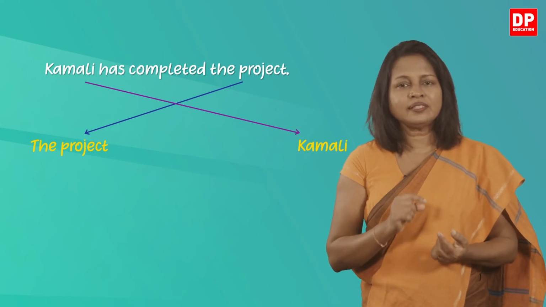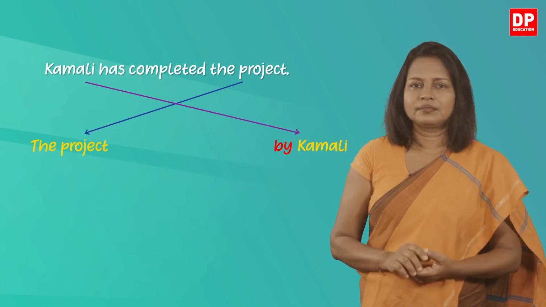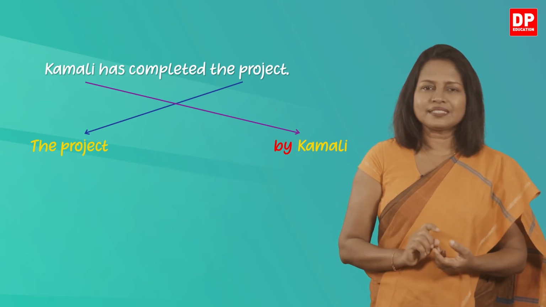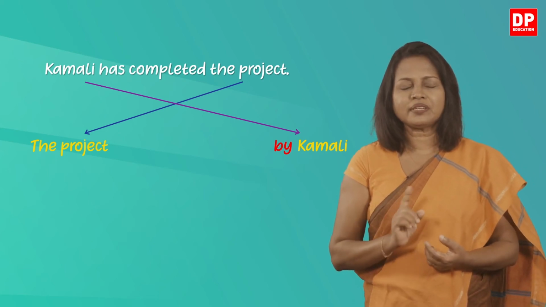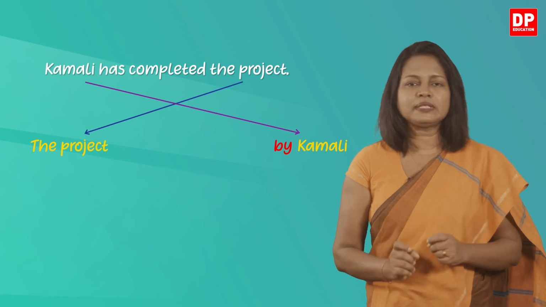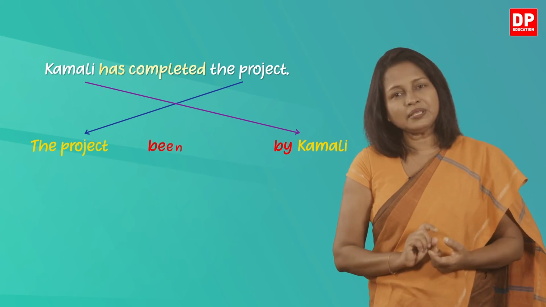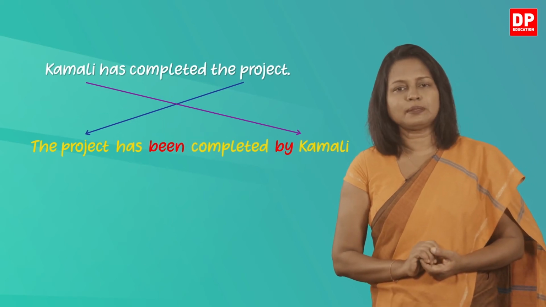And we have to add the word by before the agent. In the present perfect tense, we make passive verb forms by writing the appropriate form of the verb have and adding the past participle of be, that is been, before the verb which is already in the past participle form.